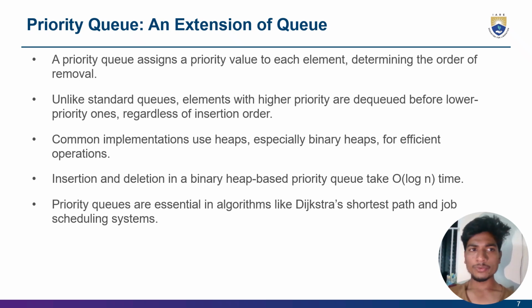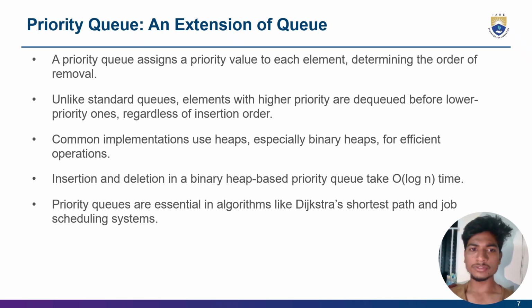So the next one is the priority queue, an extension of the queue. A priority queue assigns a priority value to each element, determining the order of removal. Unlike standard queues, elements with higher priority are dequeued before lower priority ones, regardless of insertion order.